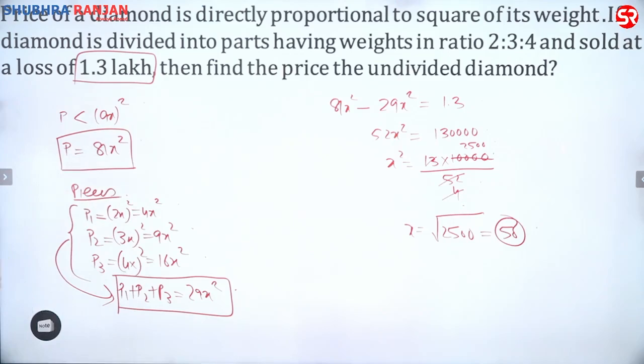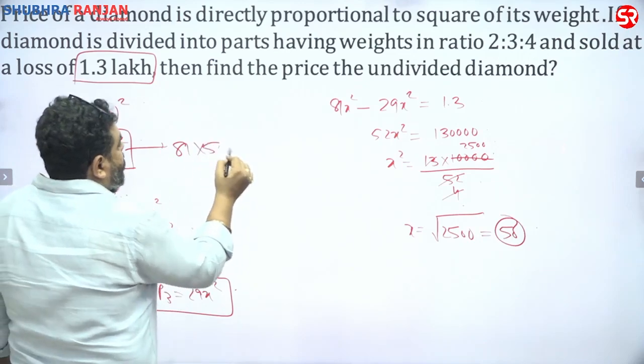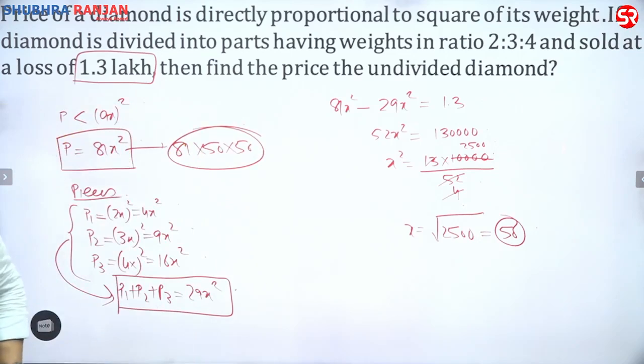So what is the price of undivided diamond? 81 into 50 into 50. बताओ क्या आंसर होगा?